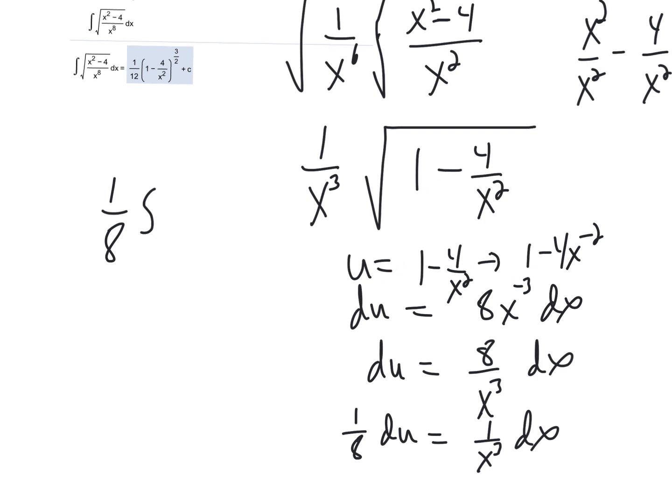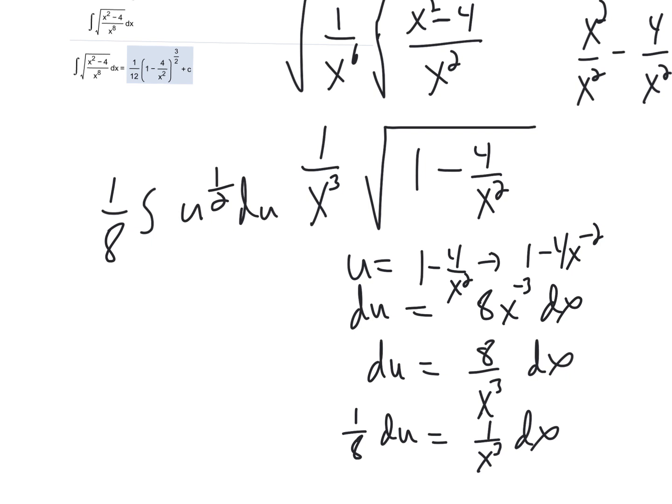That's the u. So the whole thing is just the square root of u. It's u to the 1/2 du.